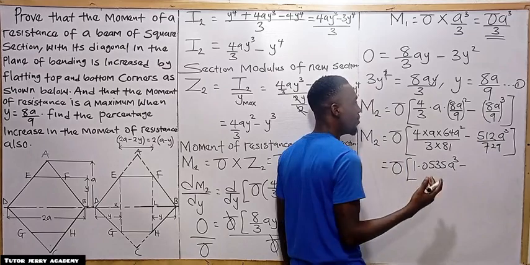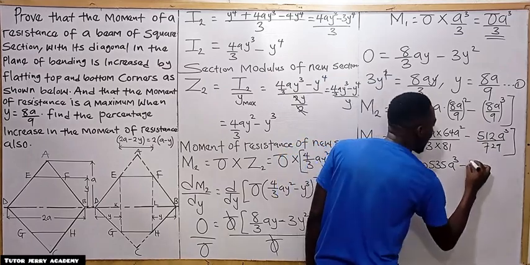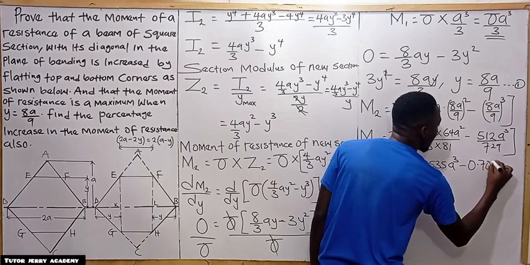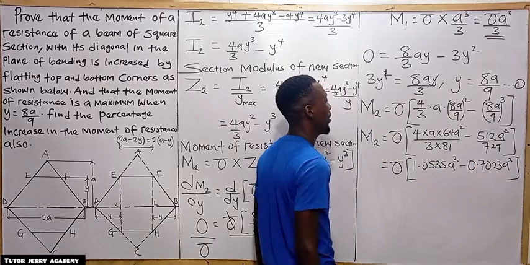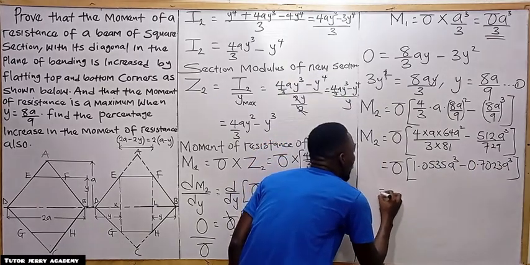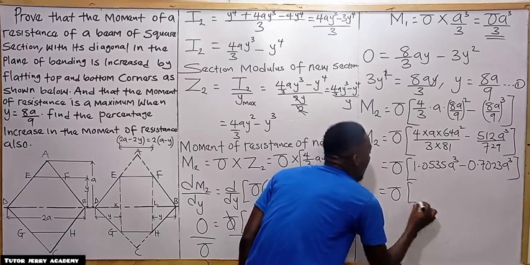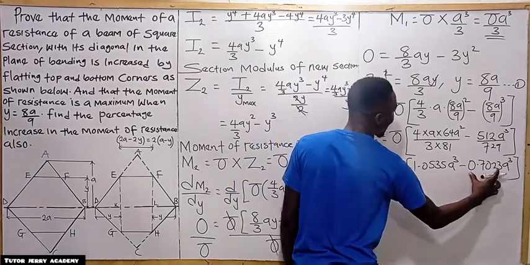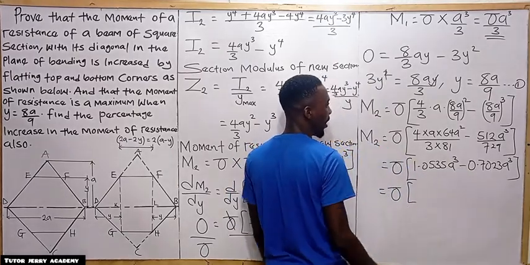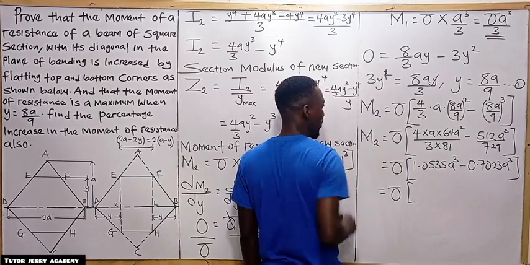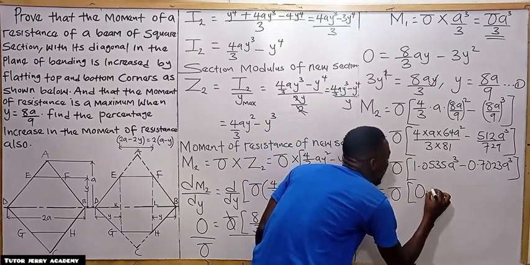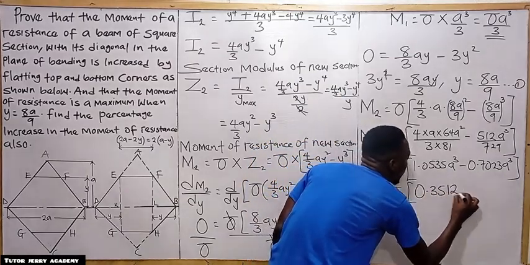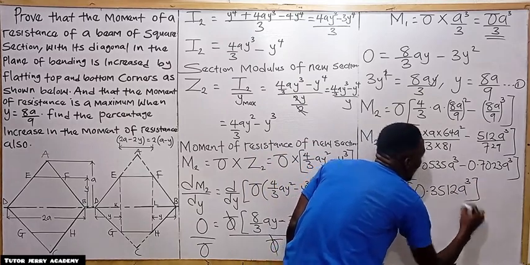You are going to have 0.7023 a to the power of 3. All right. If you subtract this from this, you are going to have 0.3512 a to the power of 3.